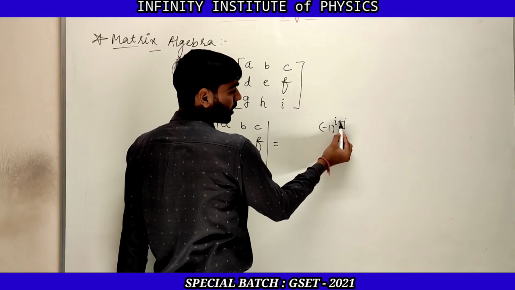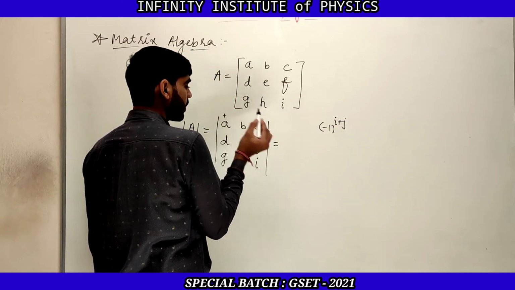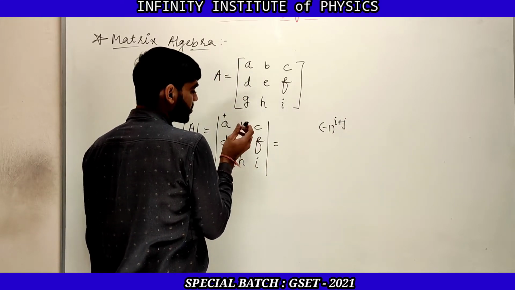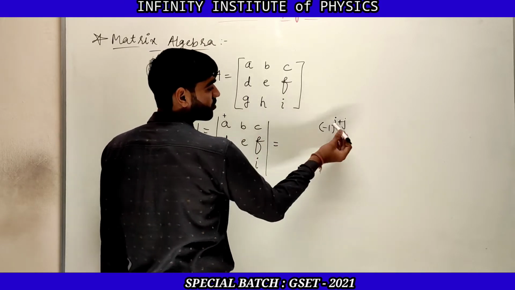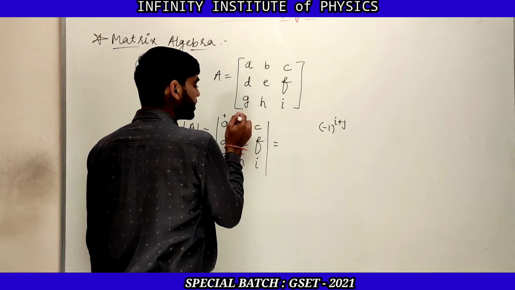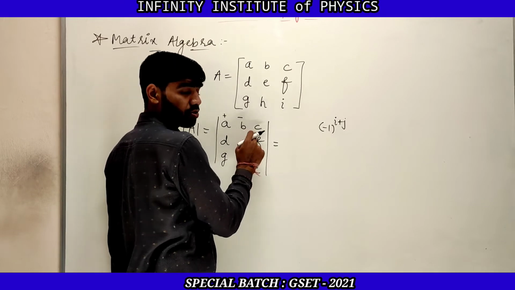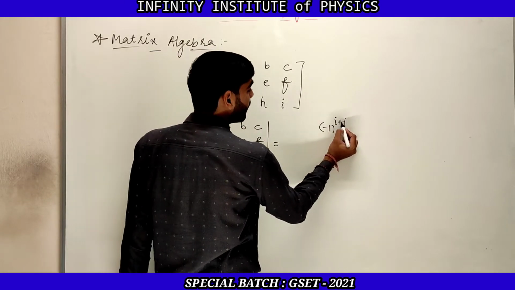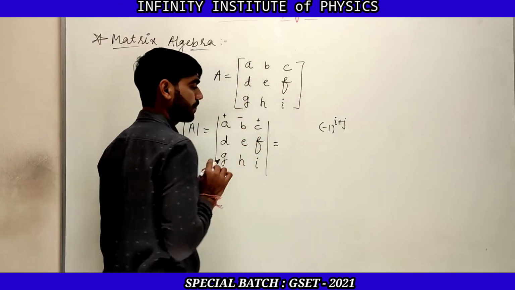So 1 plus 1 is 2, minus 1 raised to 2, so it is plus. The second element is in the first row and second column, so 1 plus 2 is 3, minus 1 raised to 3, that is minus 1. C is the element of the first row and third column, so 1 plus 3 is 4, and minus 1 raised to 4 is plus.